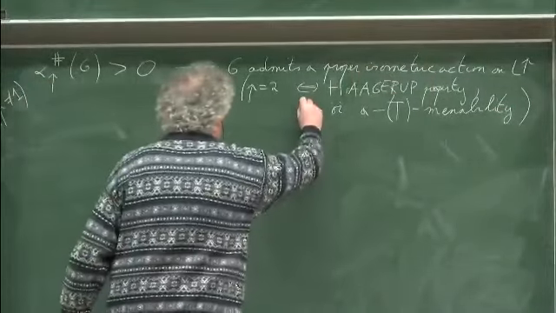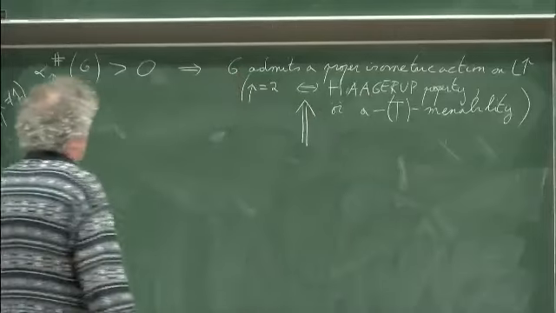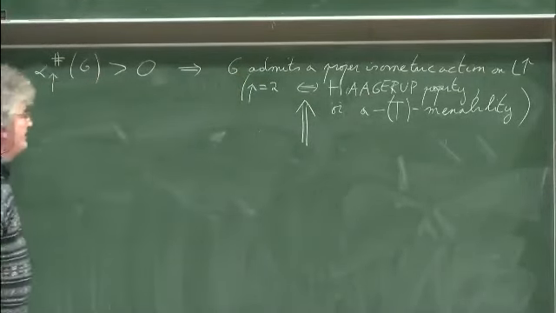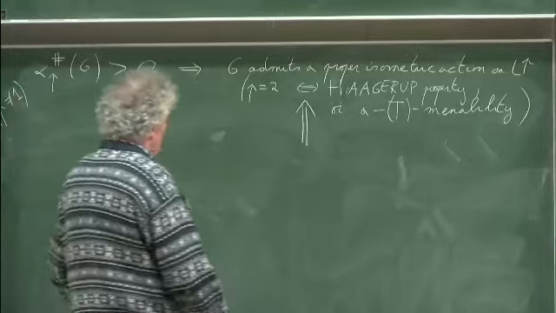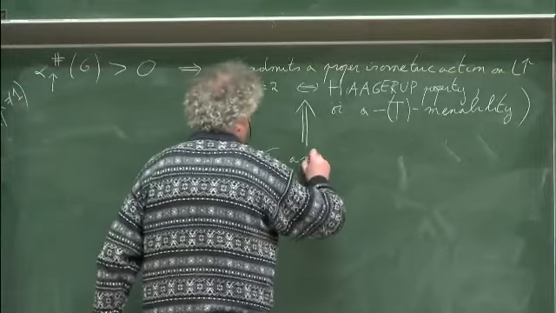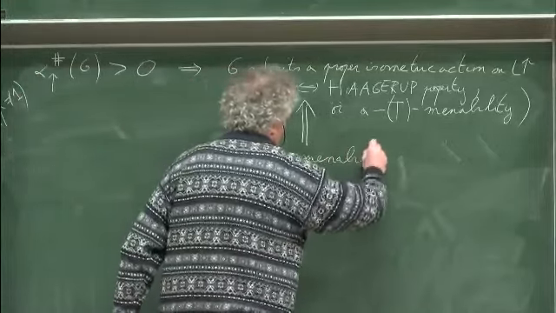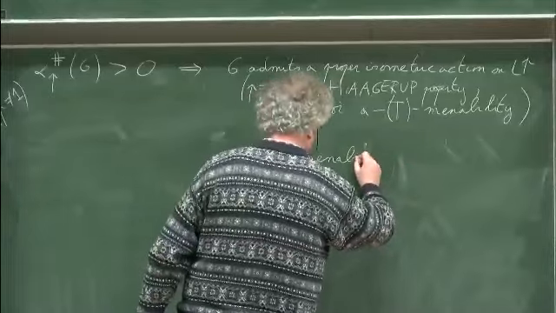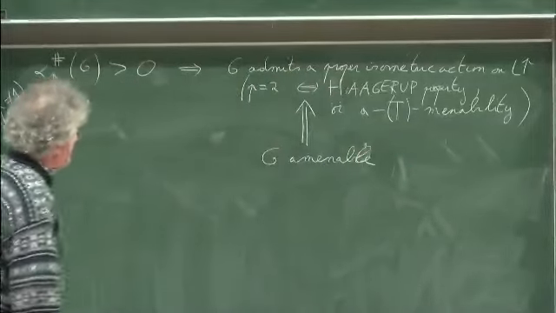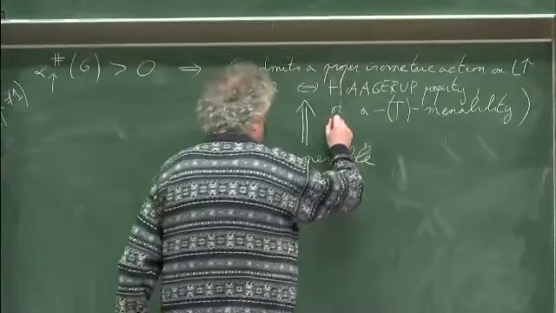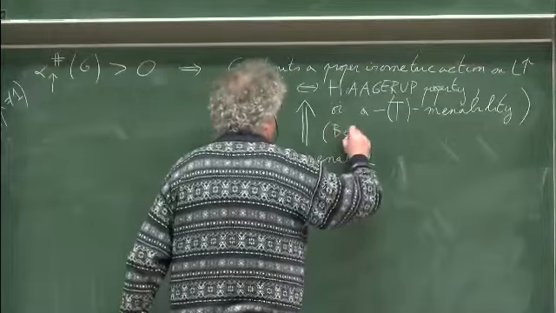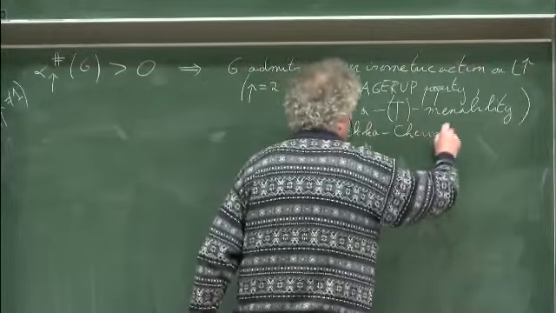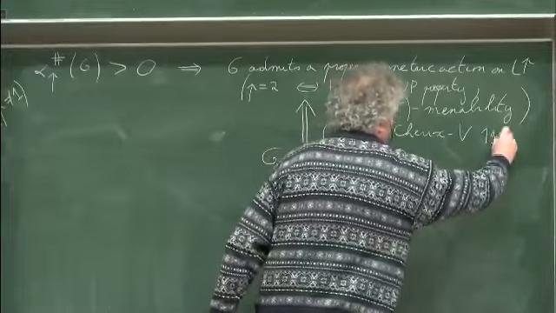And again, admitting a proper isometric action on L^p is implied by amenability of G. This is a result that I proved a long time ago with Bekka and Cherix back in 1993.